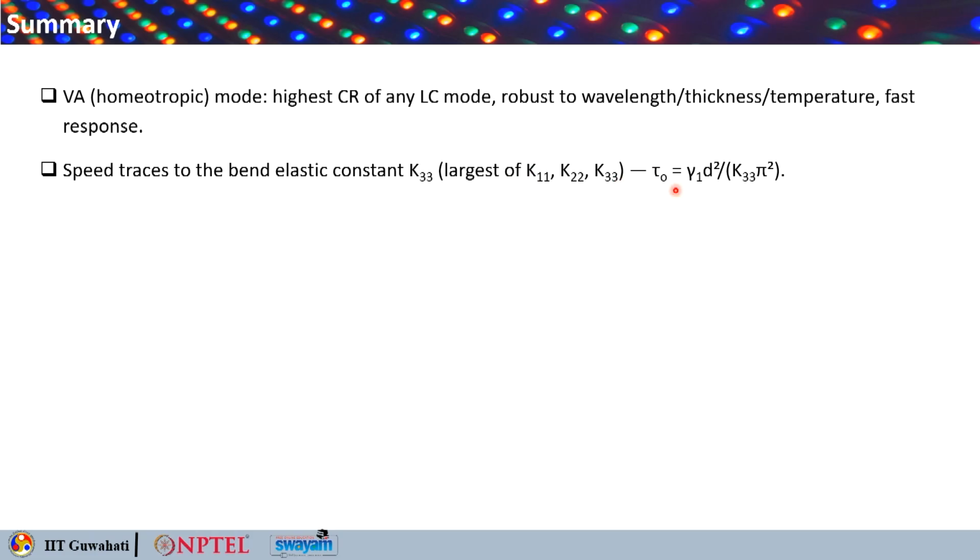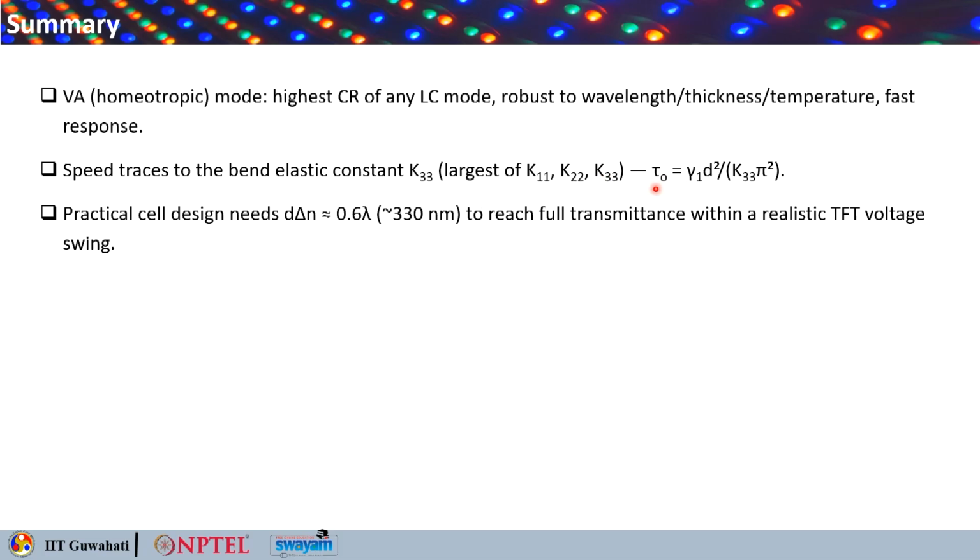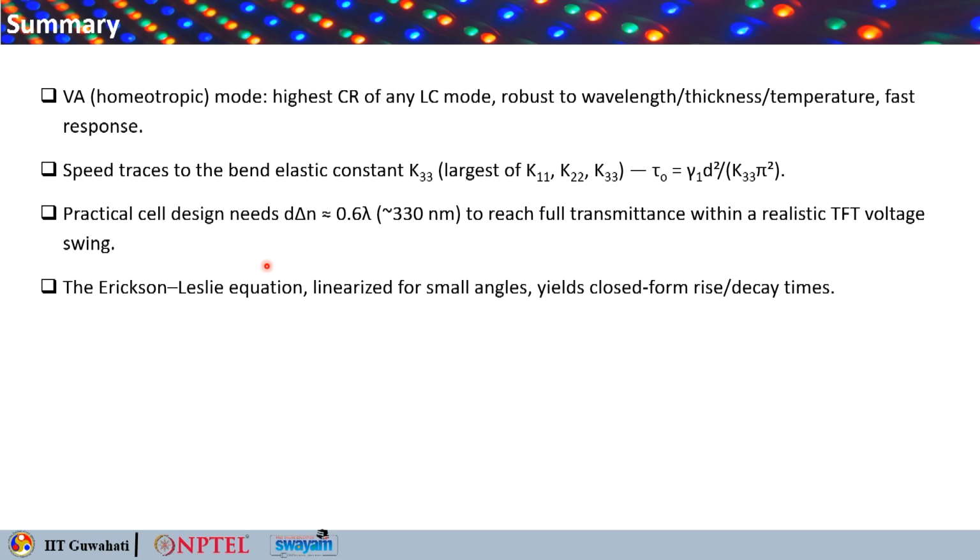The practical cell design also requires d delta n to be slightly higher than lambda by 2. You should go for 0.6 lambda to achieve the full transmittance within the realistic TFT voltage swing.